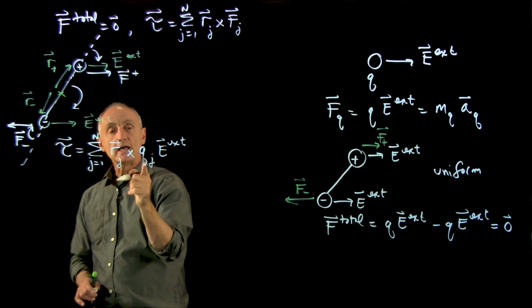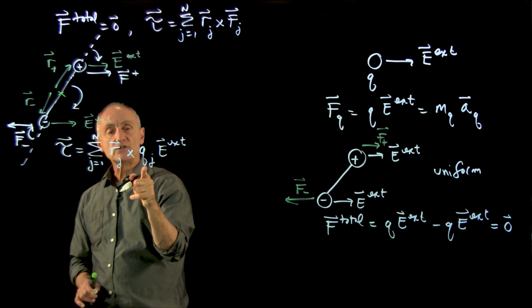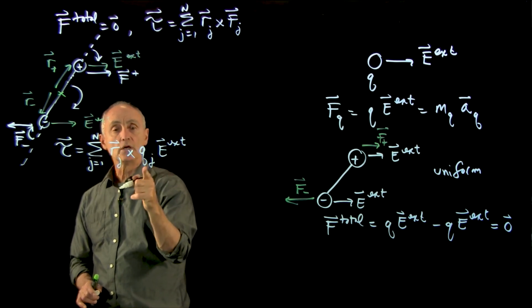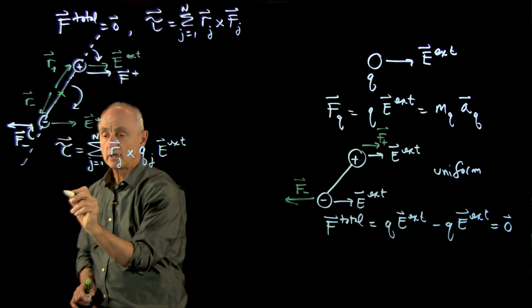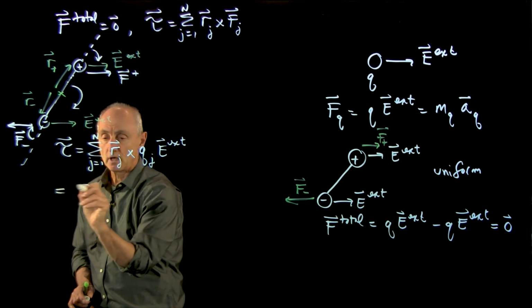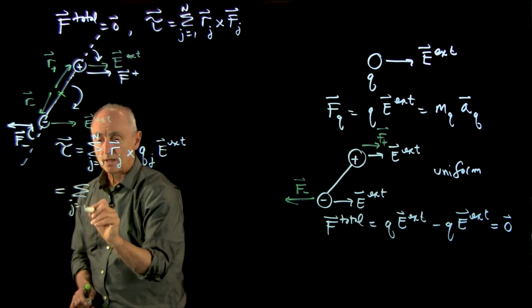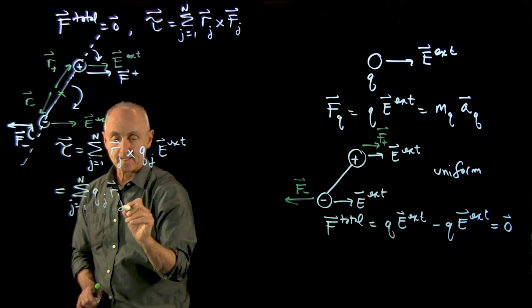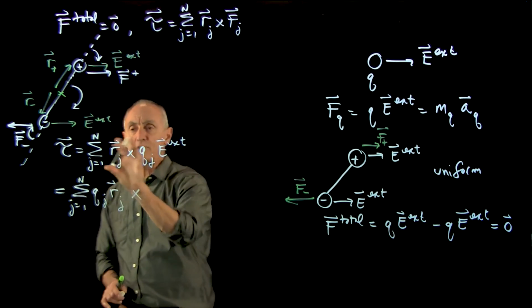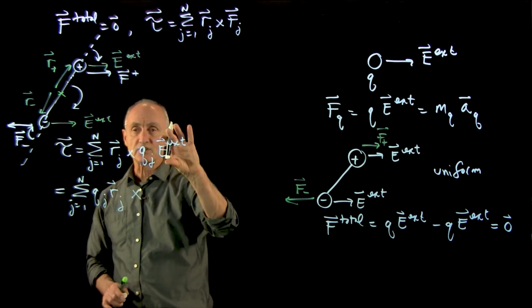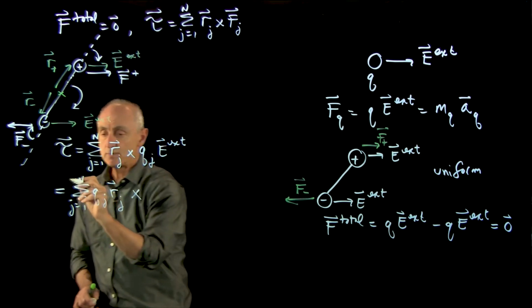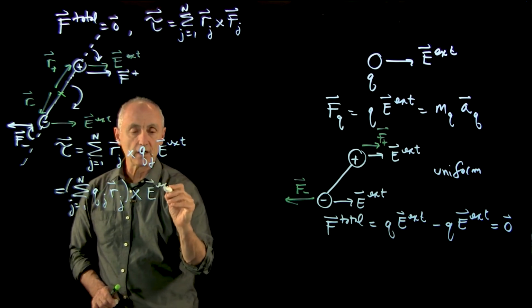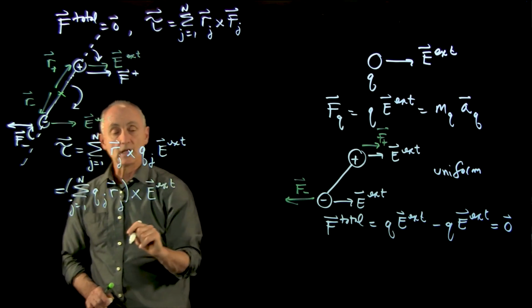Now, in a cross product, this q_j is just a scalar quantity. It can be positive or negative. It's not a vector quantity, so you can move it around. And we're going to put it onto the first term, q_j r_j, cross E. Now, every single term in this cross product has the same uniform E field, which means I can pull it out of the vector sum over here.